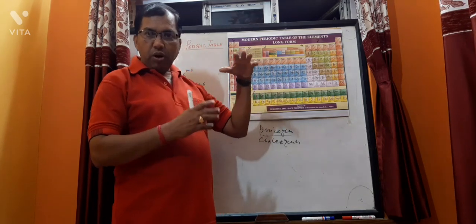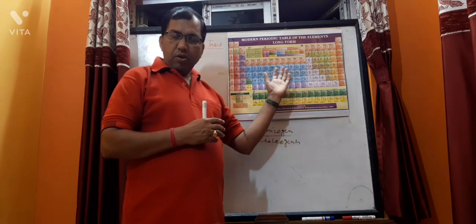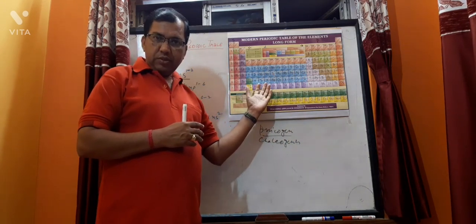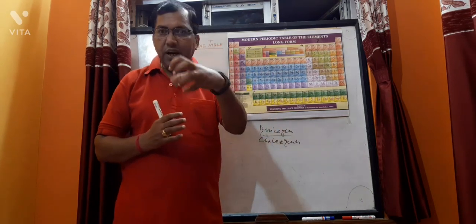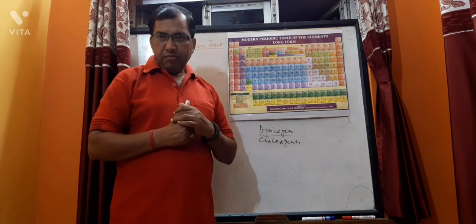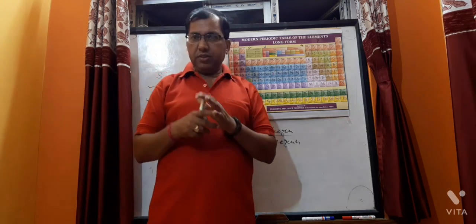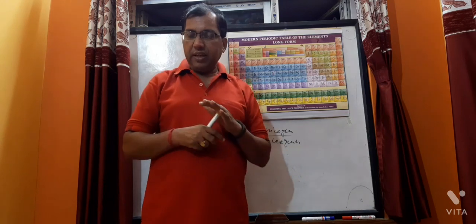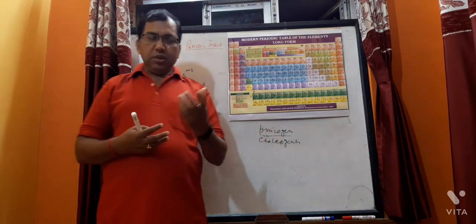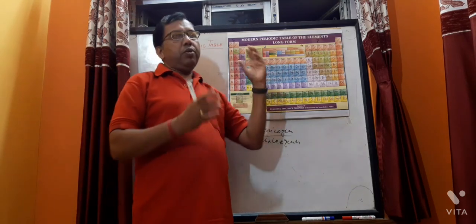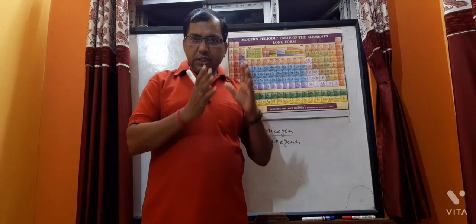What is that? They are all metals of high boiling points and high melting points. They form colored ions, because of partially filled D block elements. Why colored ions? Because all the D block elements fill partially.